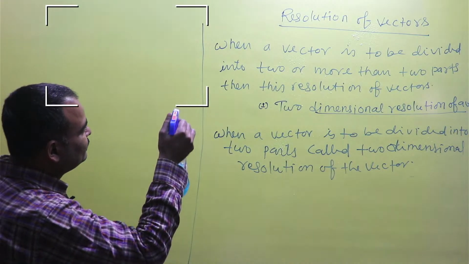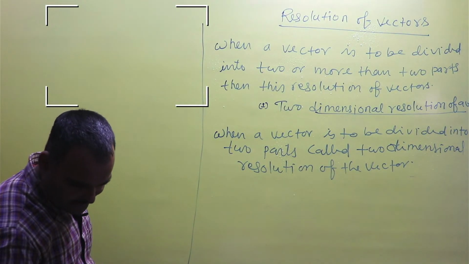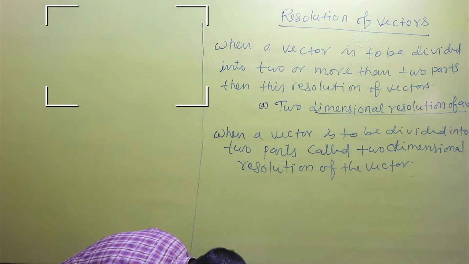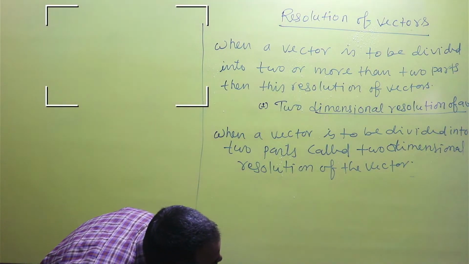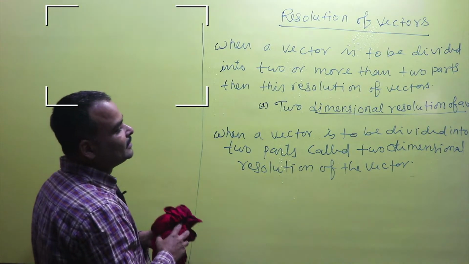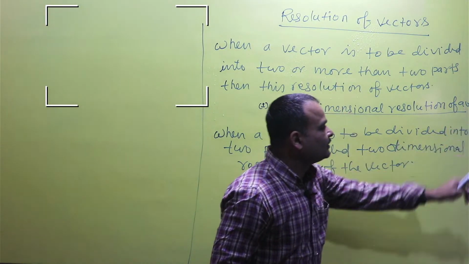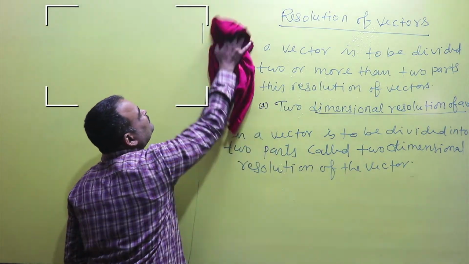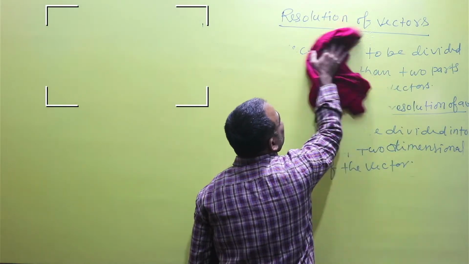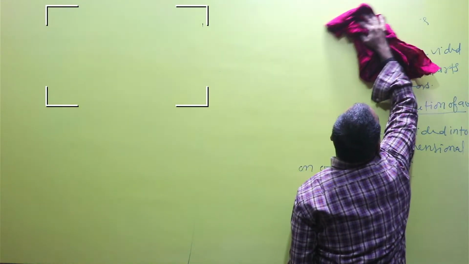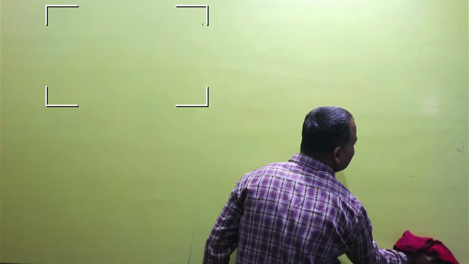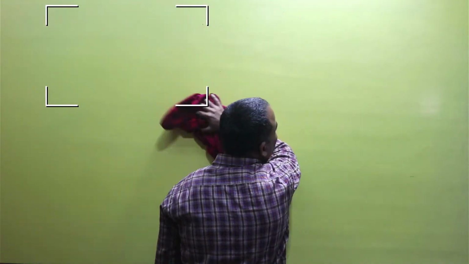I hope that you have read already. कहाँ तक दिख रहा है इनटू टू डायमेंशनल, फिर ये वेक्टर का यहाँ थोड़ा सा कटा है, यानी यहाँ तक आ सकता है। चलो, we will study about two dimensional resolution of vector.